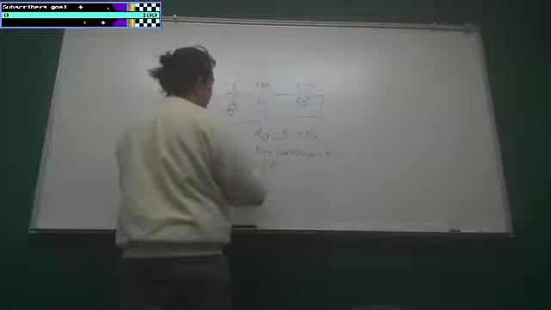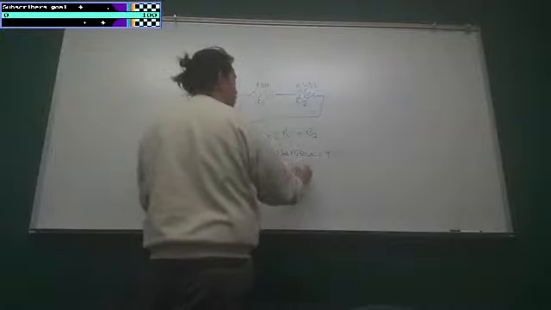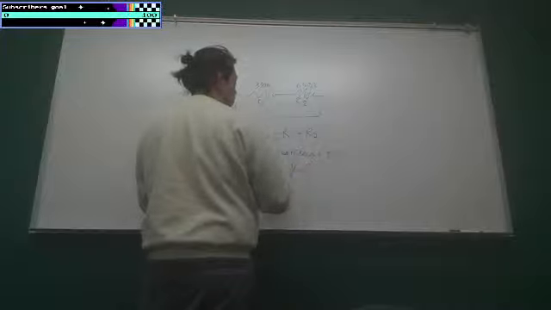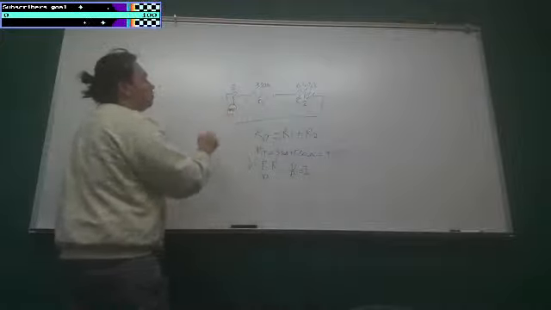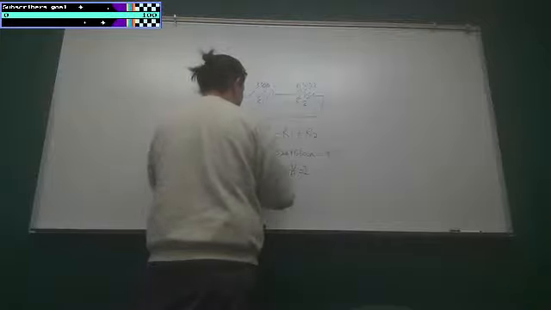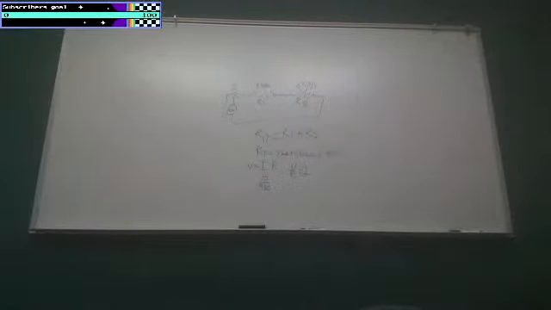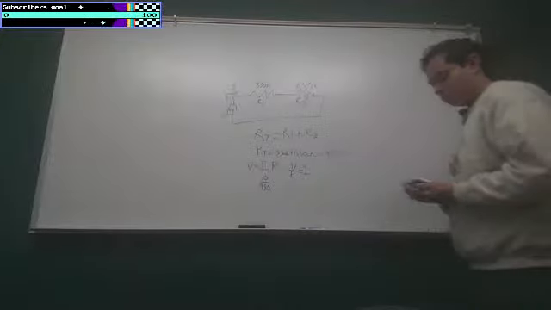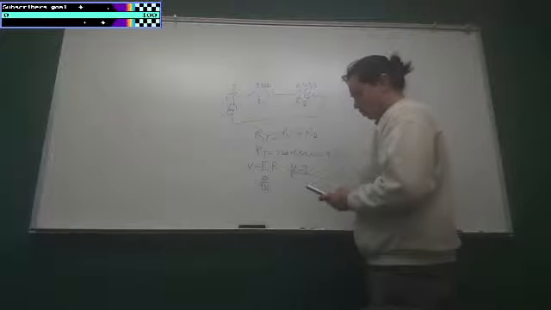So in order to get the I, we have to do V over R equals I. So then that's just going to be 10, because we know the V is 10 volts, over 980. And then let me just get a calculator. All right. And then we just do 10 divided by 980.